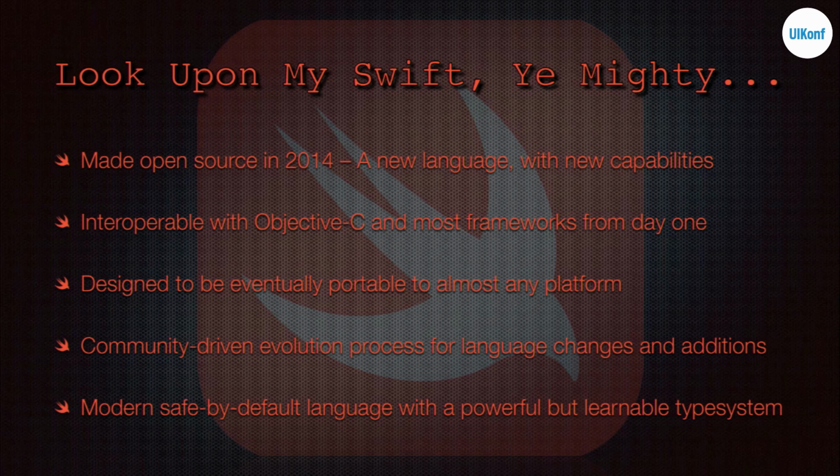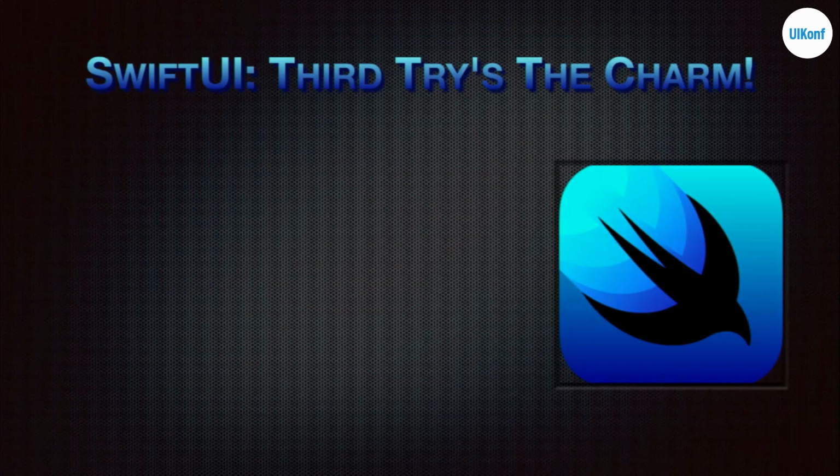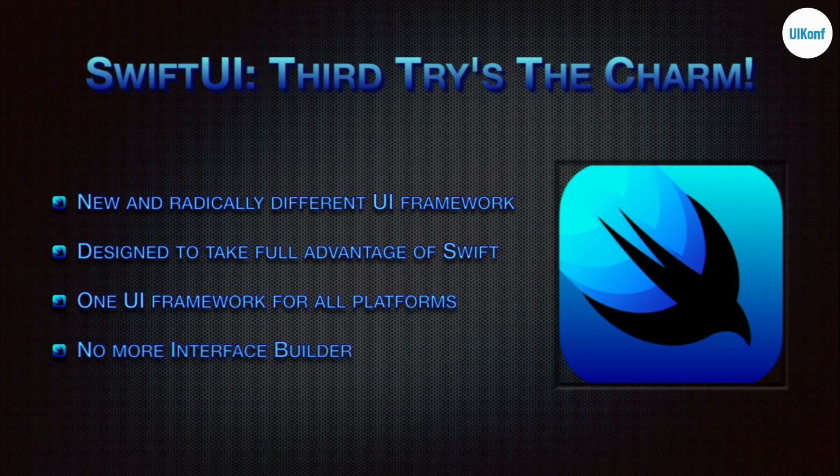So the new language came with a lot of new directions, new capabilities, new ways of doing everything. And I think that there's been a lot of discussion of things like that during the talks in this conference. And another one of those is SwiftUI, which Apple designed completely around Swift. It's the first UI framework, at least designed by Apple, that actually takes advantage of the language. It's hard to even begin to get into how many ways that changes how the UI gets expressed.